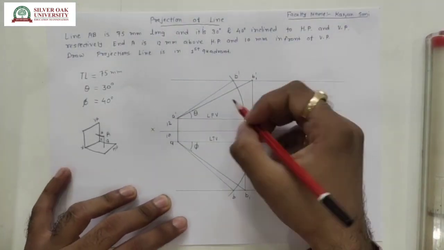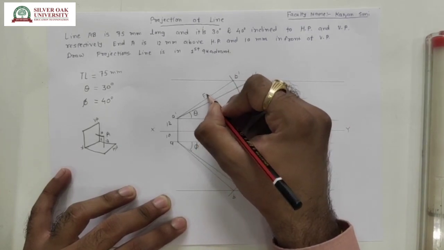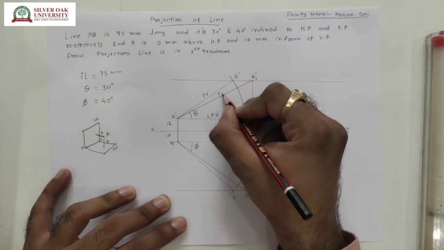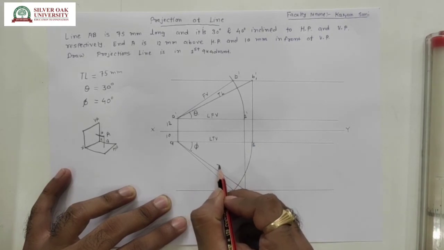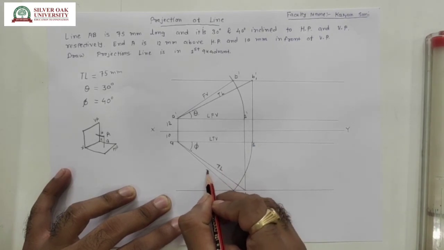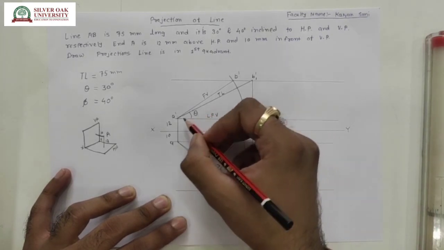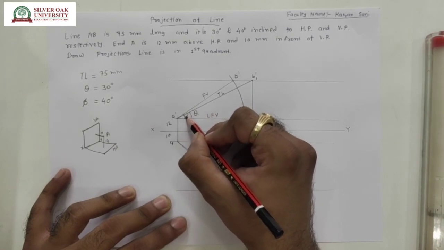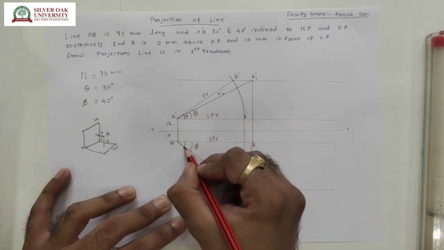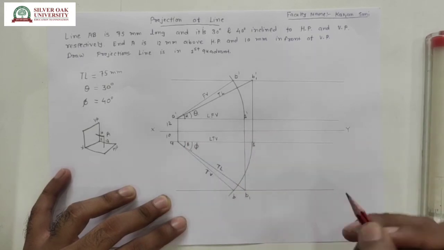So this is the front view, this is the true length, same here, this is the true length, and this is the top view. And this angle is alpha angle, and this angle is beta angle.